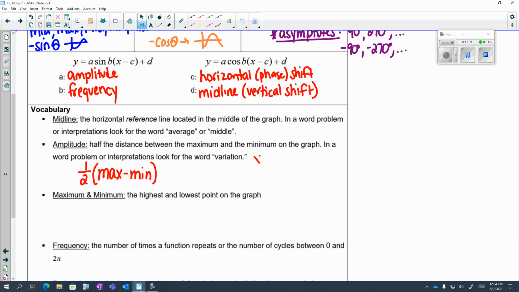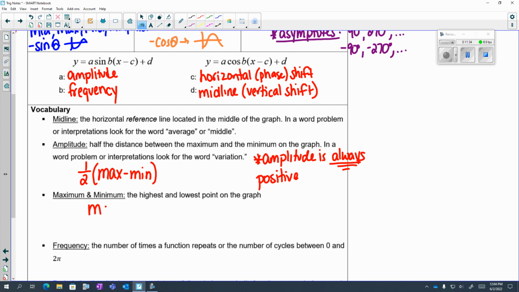The important thing to know, especially when you are looking at an equation, is that your amplitude is always positive. Amplitude is a distance, so that negative talks about the reflection. It doesn't talk about the actual amplitude being negative. Maximum and minimum is your highest point or your lowest point on the graph.